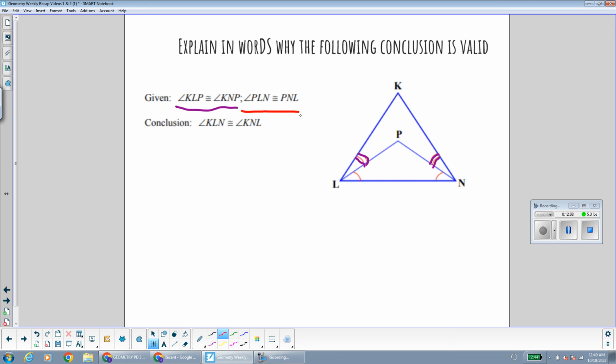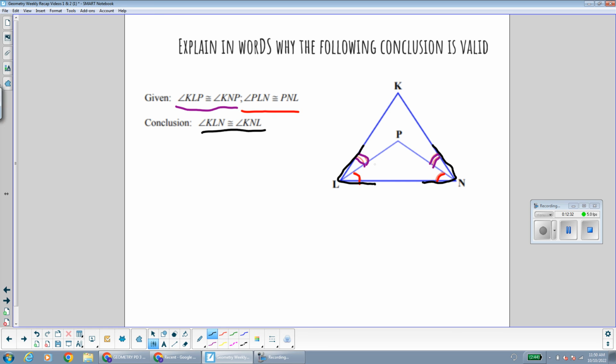And we're also told that angle PLN, so over here, is congruent to angle PNL. Our goal is to show that angle KLN is congruent to angle KNL. Let's think about why that is true.